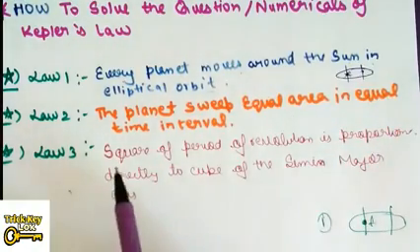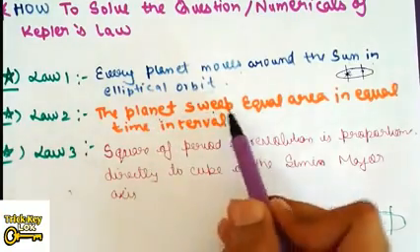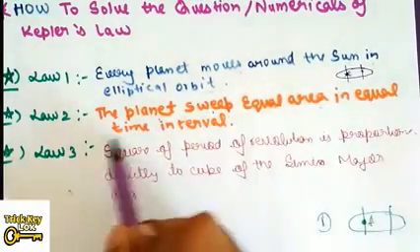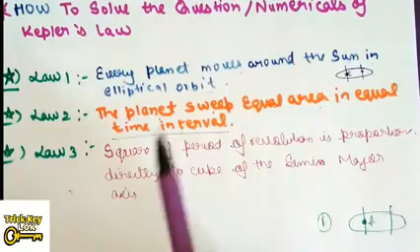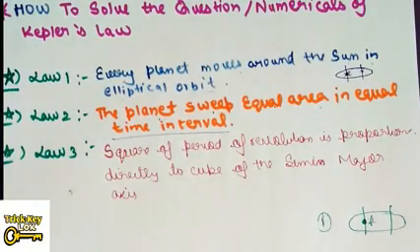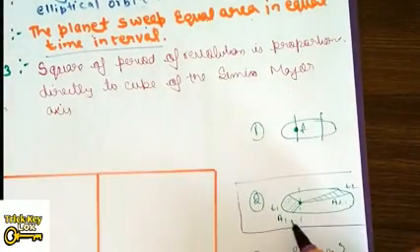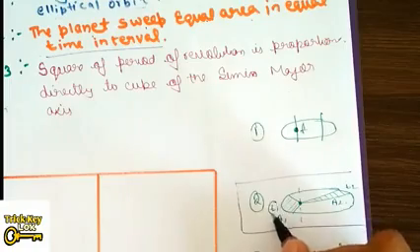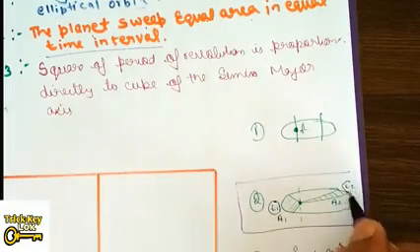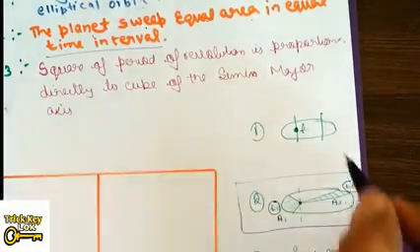Now moving to the second law: the planet sweeps equal area in equal time intervals. If we see this picture, there is a time duration t1 and a time duration t2.